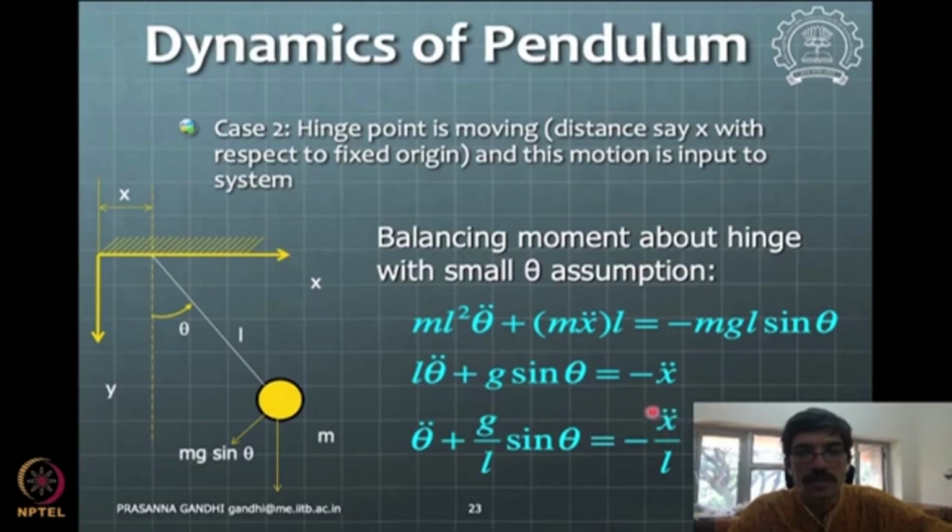So this x double dot upon L, this entire term, is some input which is in the direction of the generalized coordinate theta, because this is a theta generalized coordinate equation. By doing this kind of input to my system, I get a term for my control which is directly in the direction of theta, as if I am giving a torque on this string.